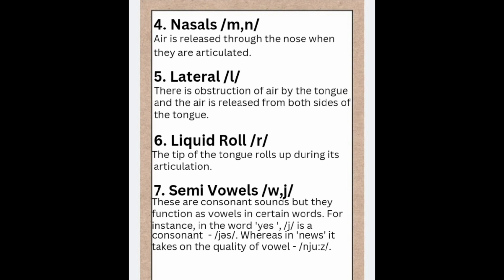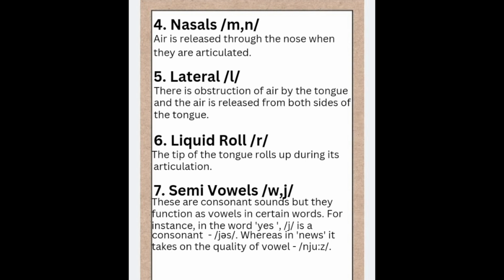Try and pronounce these sounds. You will discover that this is evident whenever you are pronouncing them. We have the liquid roll, which is r. The tip of the tongue rolls up during its articulation.